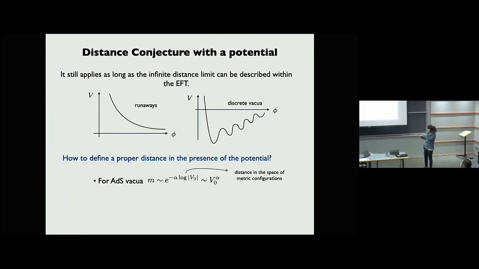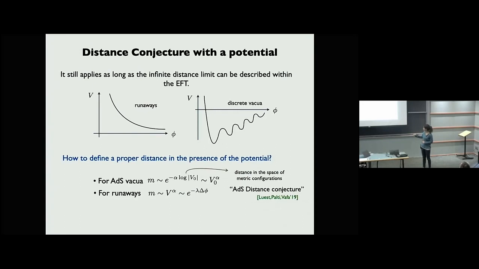There are some proposals, for instance, when you have this discrete set of AdS vacua, Lüst, Palti and collaborators propose the AdS distance conjecture. They propose that if you think of the space of metric configurations instead of scalar fields, you can define this distance. That would imply that, since it should behave exponentially in the distance, in the end the mass behaves as the potential to some power, which is what happens in all these AdS examples.